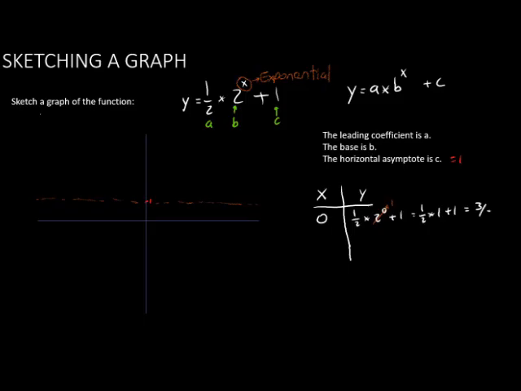Add a 1 and we will get 3/2. Therefore, our first point will be 0, 3/2. We'll place that point on the y-axis where x equals 0 and at a y value of 3/2.